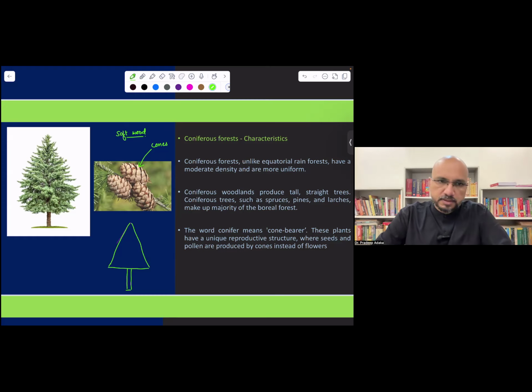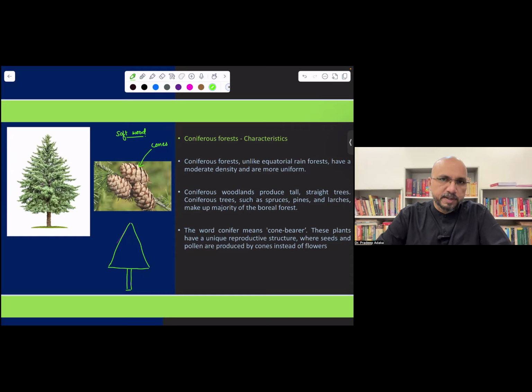So these trees are called conifers because of cones. Their seeds are present in these cones. So they have naked seeds. They don't have flowers or ovaries. Okay, remember this. This can be a question again. So these are softwood trees.